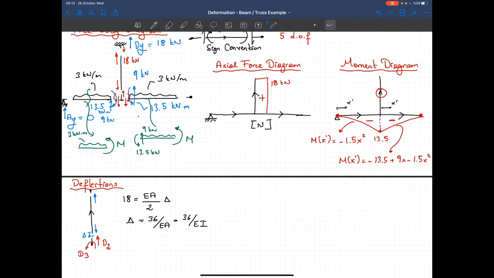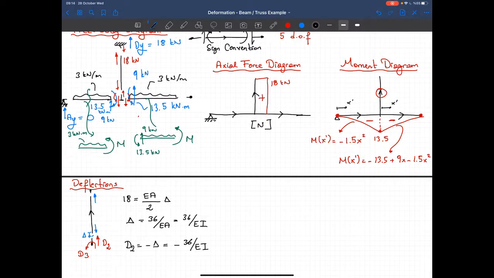Now, this elongation is in the downward direction. But our degrees of freedom say that the positive displacement is in the upward direction. So d2 is equal to minus delta. So my d2 is equal to minus 36 divided by EI. So I determine the value of the first degree of freedom.